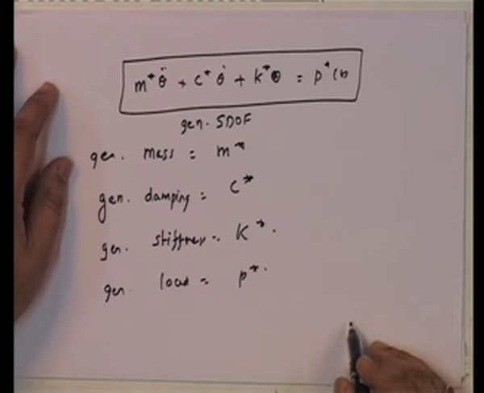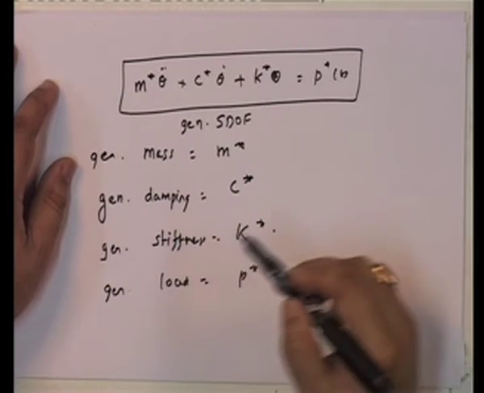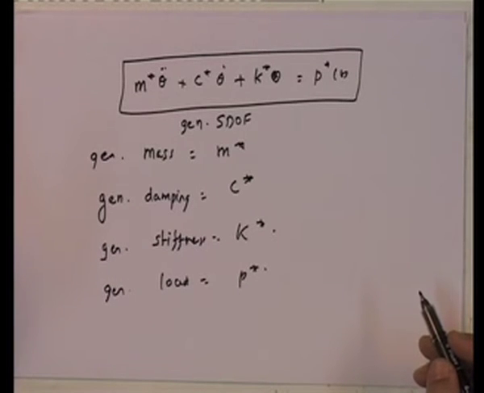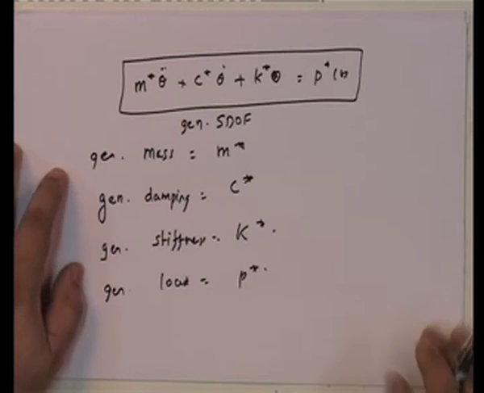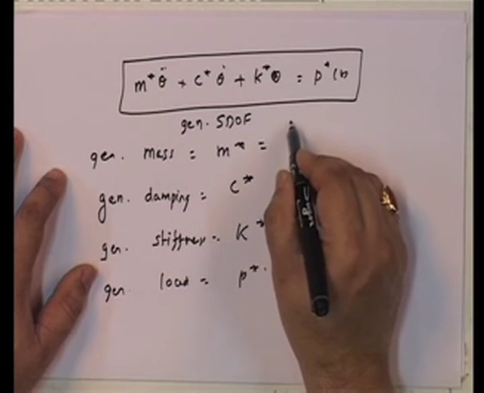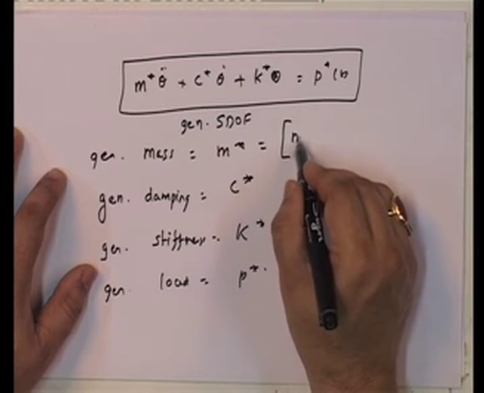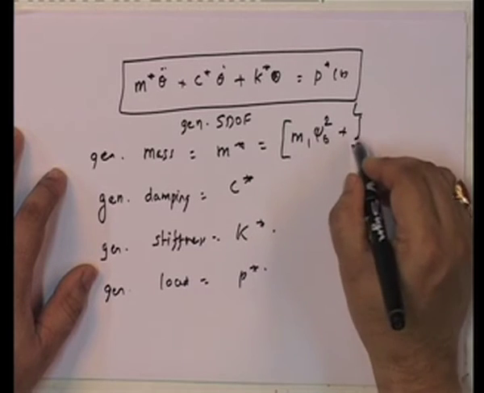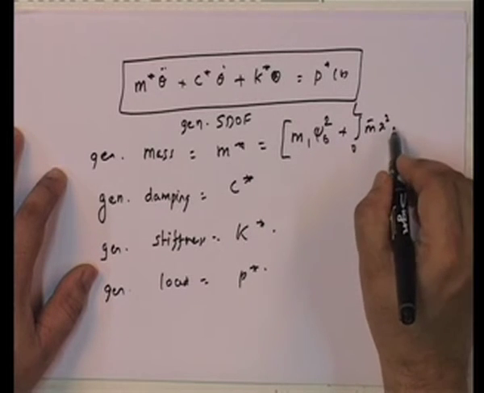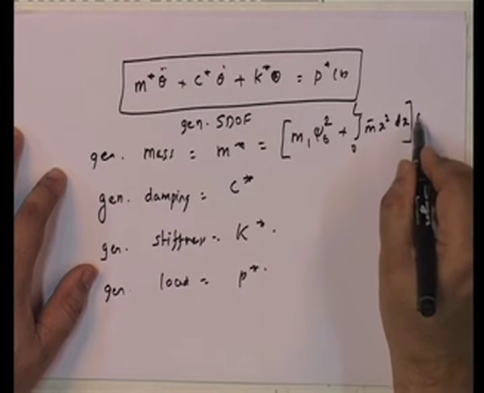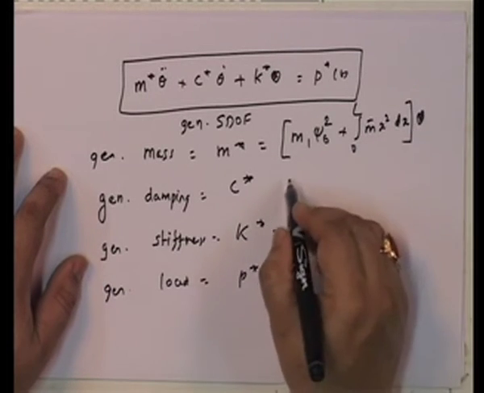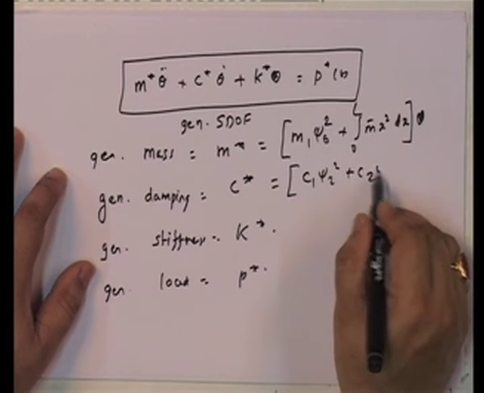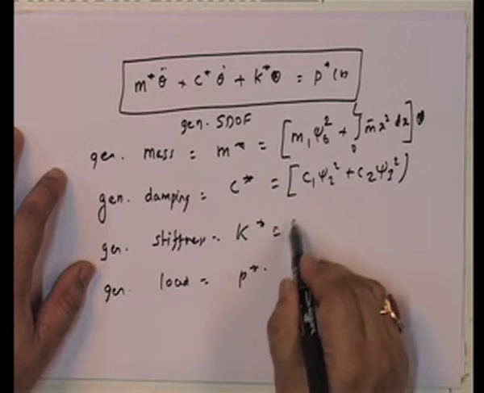If we do that, and if we take mass, dashpot constant, stiffness and load, this is nothing but a single degree of freedom, excepting that now, what is the generalized mass equal to? If we look at this, the generalized mass is equal to m1 psi 6 squared plus 0 to L m bar x squared dx. That is my m star. My c star is c1 y2 plus c2 y3 squared.